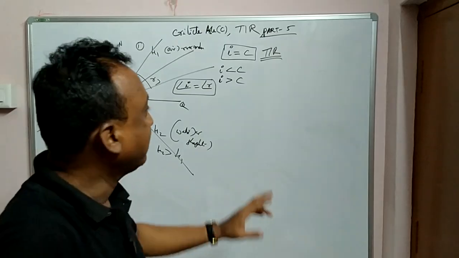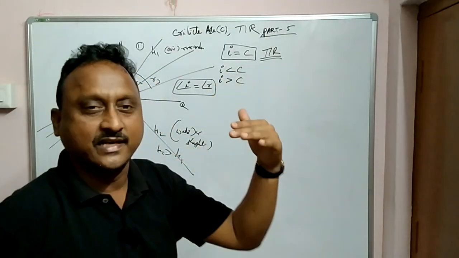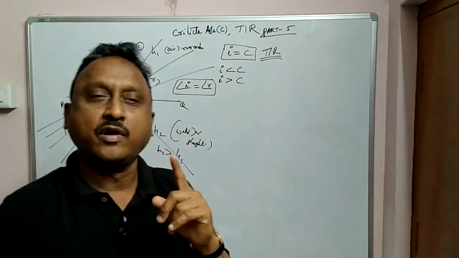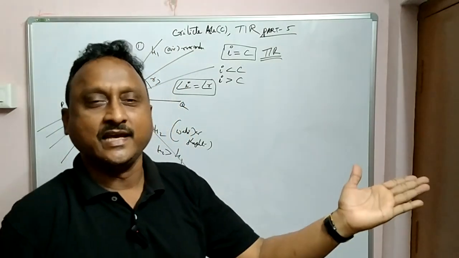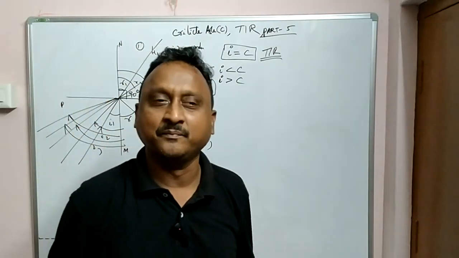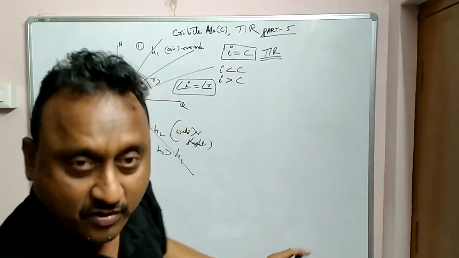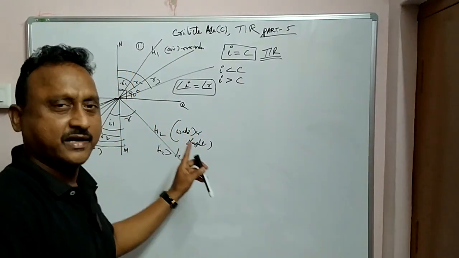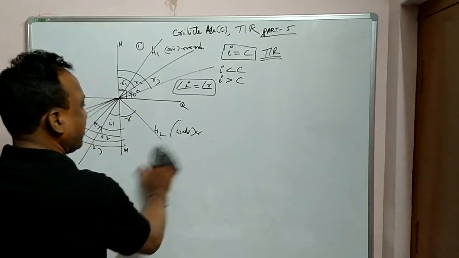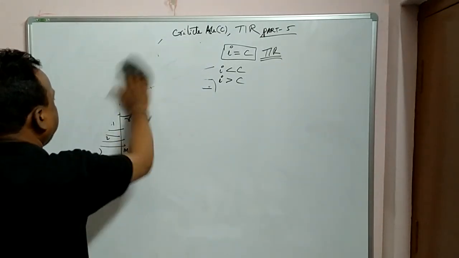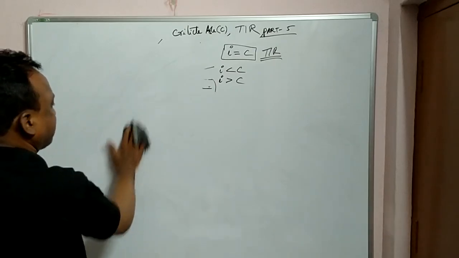That is the critical angle. If i is equal to C, the light grazes the surface. If i is greater than C, no more refraction, no more grazing; again light comes back into the same medium. That phenomenon is called total internal reflection. Please draw the figure, very important regarding the examination. You should remember these 3 points in mind, very, very important points.